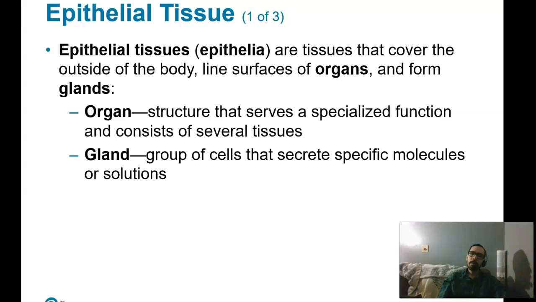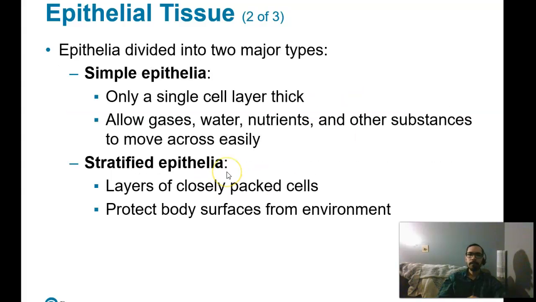A gland is just a group of cells that secrete specific molecules or solutions, like hormones or enzymes.